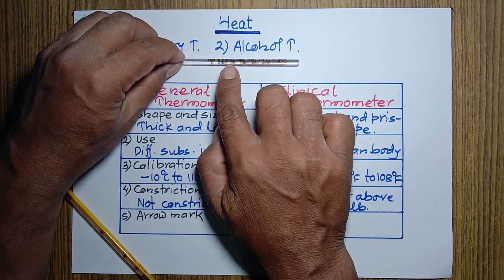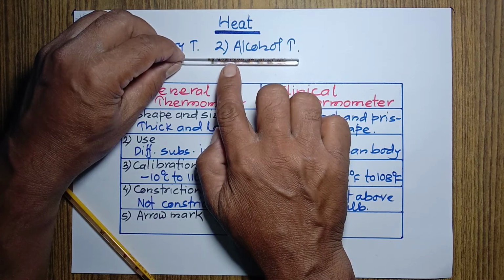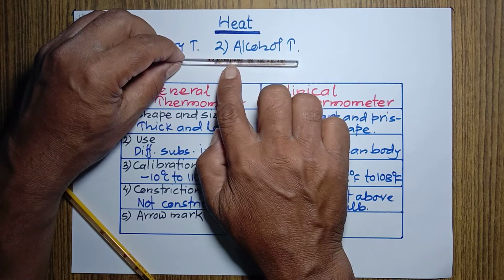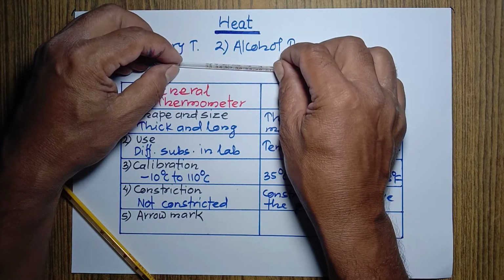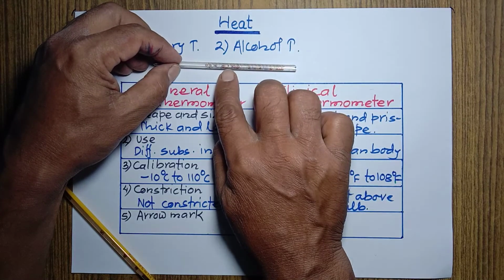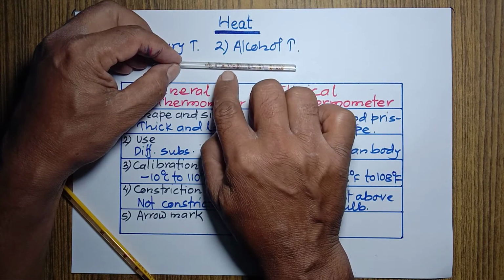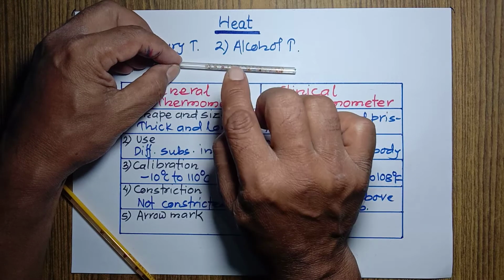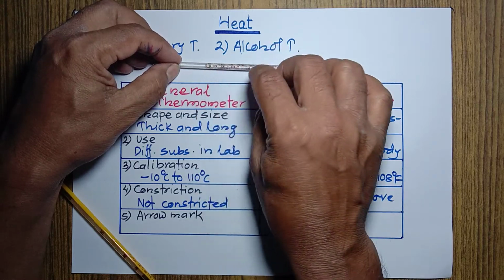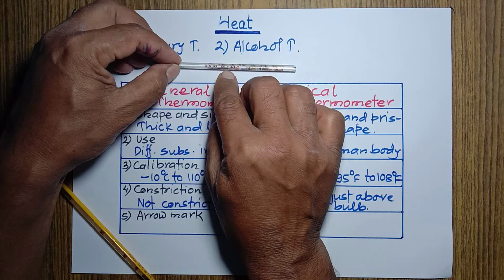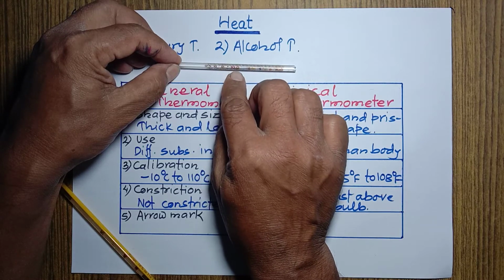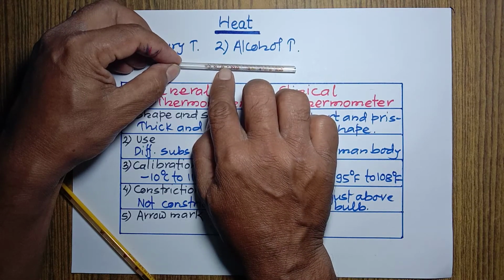The normal human body temperature is 37 degrees Celsius in the Celsius scale, and the same is equal to 98.6 degree Fahrenheit. And this clinical thermometer is marked here. I mean to say, an arrow is marked here. What does it mean? This is the normal human body temperature.